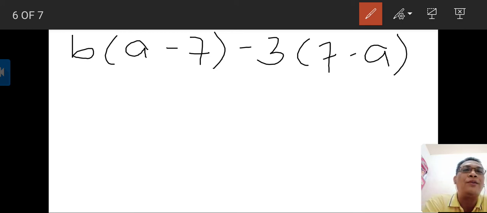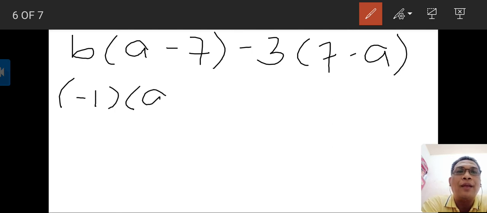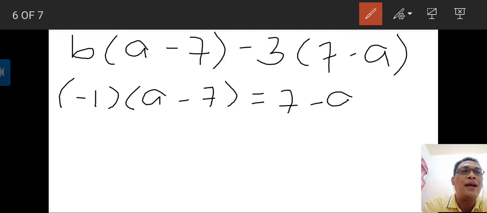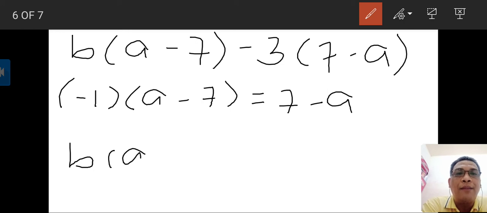So let us try to multiply negative 1 to a minus 7. So it can be 7 minus a. Remember that is your commutative property of addition.